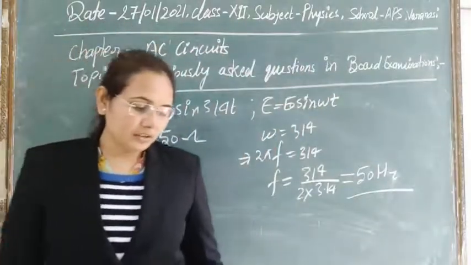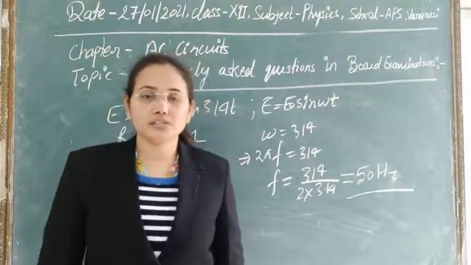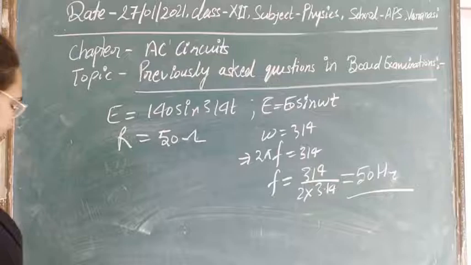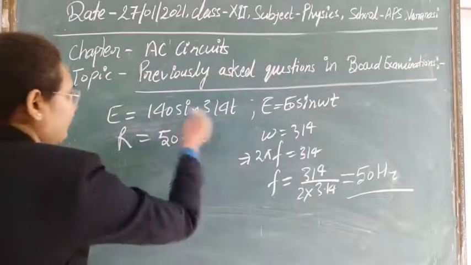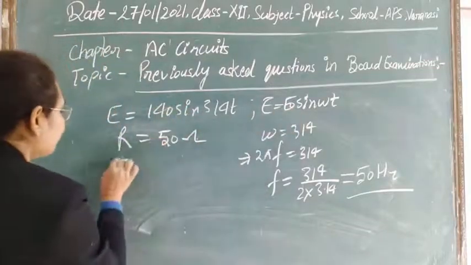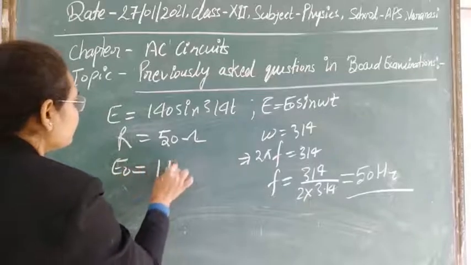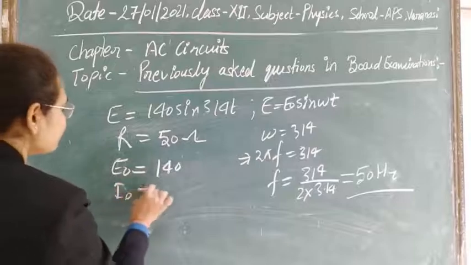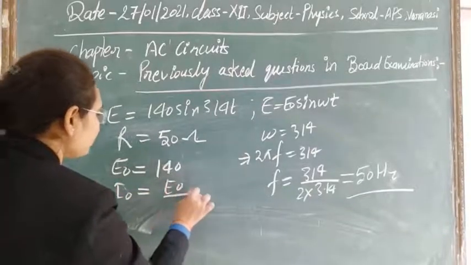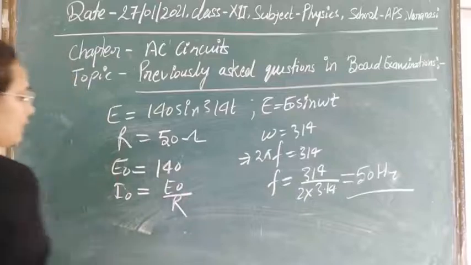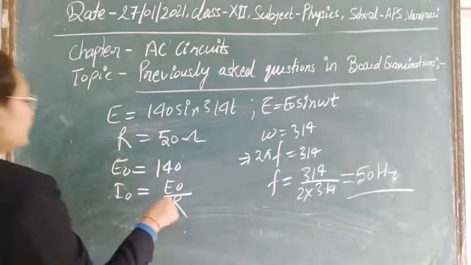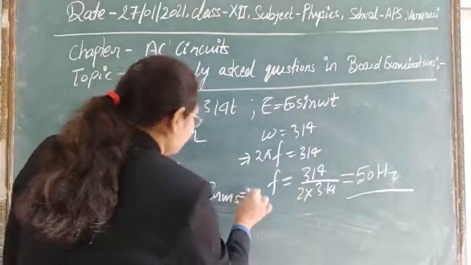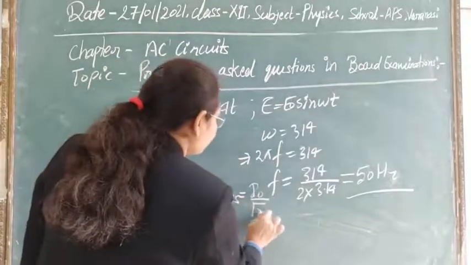Second, we have to find out the RMS current through this resistor R. To find the RMS current, if we compare, the value of E0 is equal to 140. Then we can calculate the value of I0, which is equal to E0 by R. After that you can calculate the RMS value of the current, which is equal to I0 by root 2.